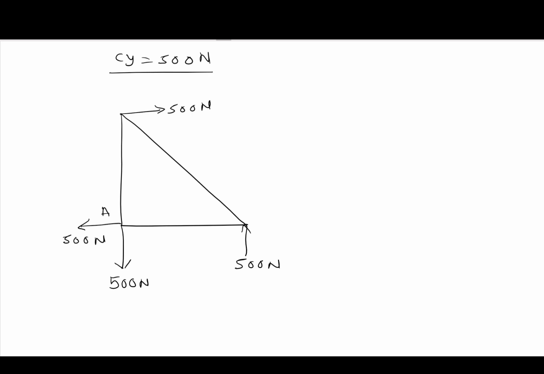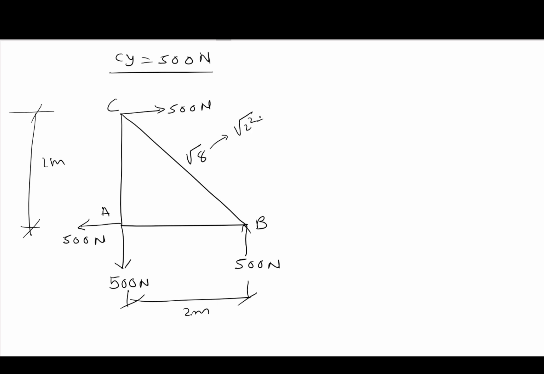This is joint A, B, and this one is C. With 2 meters on the horizontal and vertical, the diagonal squared is 2 squared plus 2 squared, which is 4 plus 4, giving us 8. Now we can use the joint method to find the member forces.